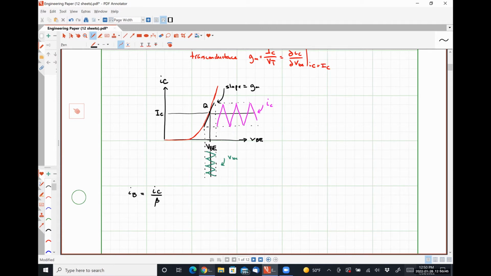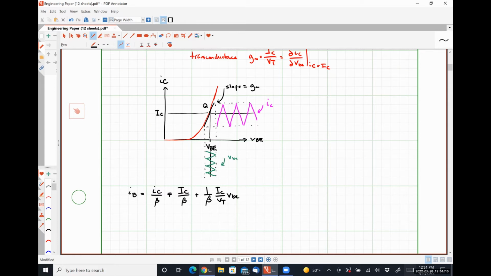Literally has to be for a BJT, right? This is, sorry, equal sign, not plus sign, the same as our DC collector current divided by beta plus 1 over beta times IC over VT multiplied by vbe.